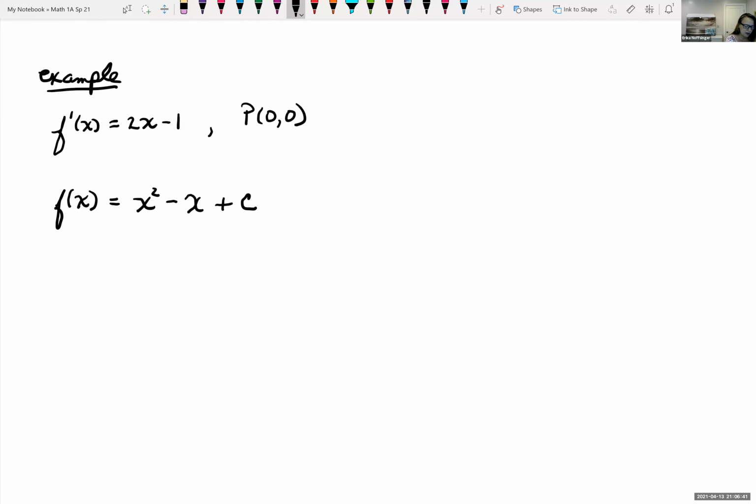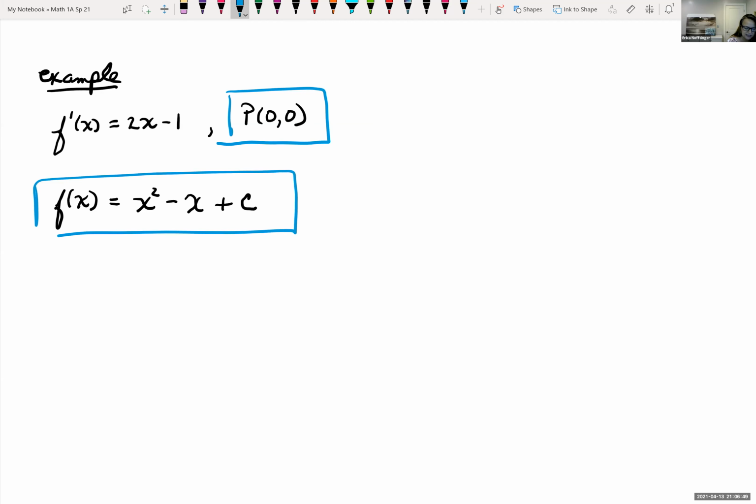So now we want to satisfy this condition. This is saying when x equals 0, y is equal to 0, or f of 0 is 0. So let's plug in 0 wherever we see an x, and plug in 0 for f of 0.